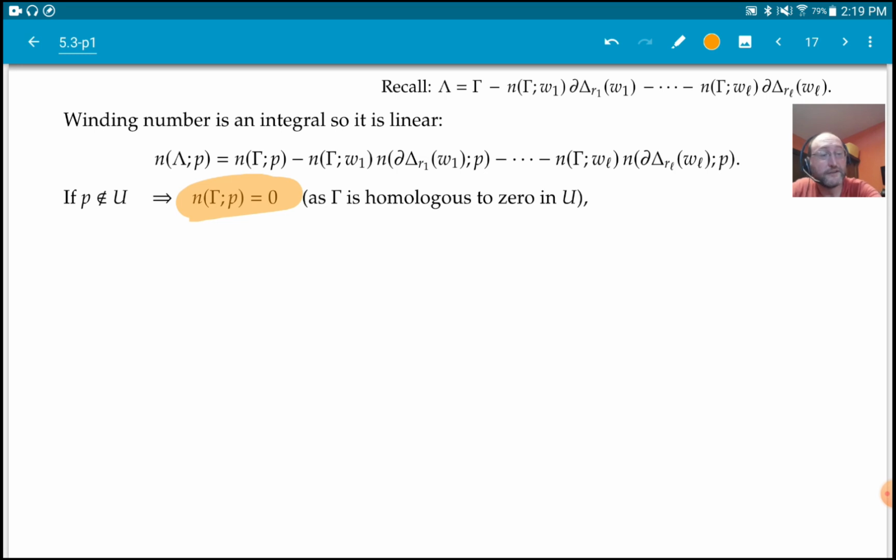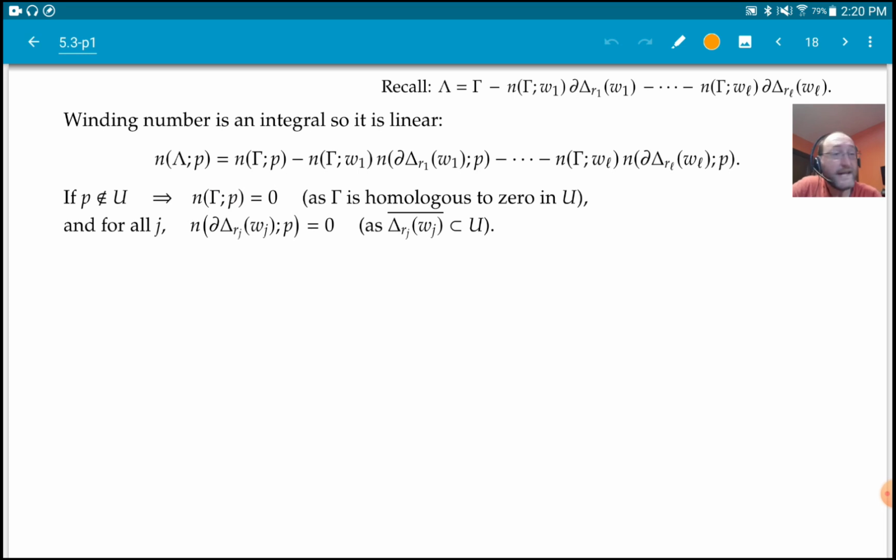And because all these disks are completely inside U, including the inside, not just the circles, and P is not in U, P is somewhere else, we also get that all the winding numbers of these little circles around P are also 0.